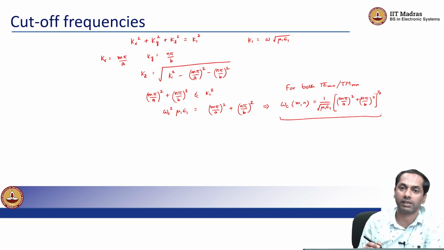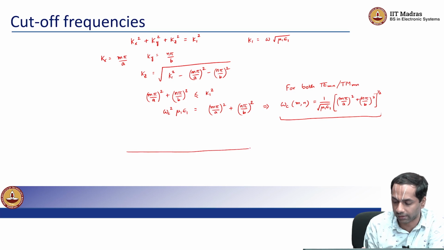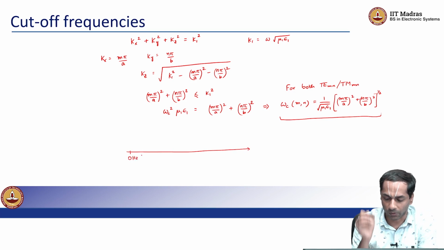All right. So let us try to picture this, right. So let us look at the frequency axis. So this is my 0 hertz, okay, and to the right is increasing frequency, right.